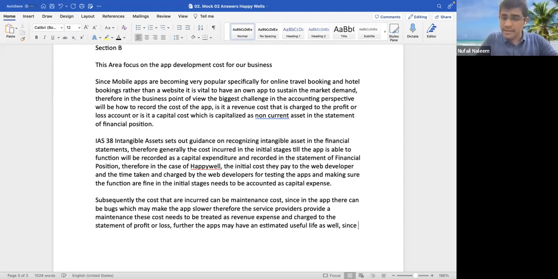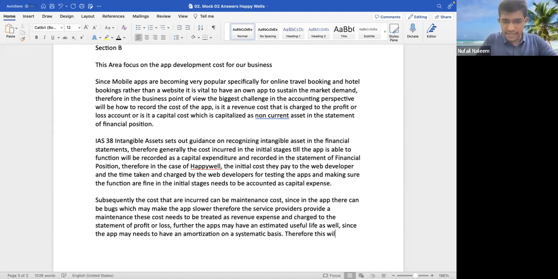Since the apps may need to have an amortization. Amortization means it's like depreciation for an intangible asset. Amortization on a systematic basis. On what basis, students? Systematic basis.